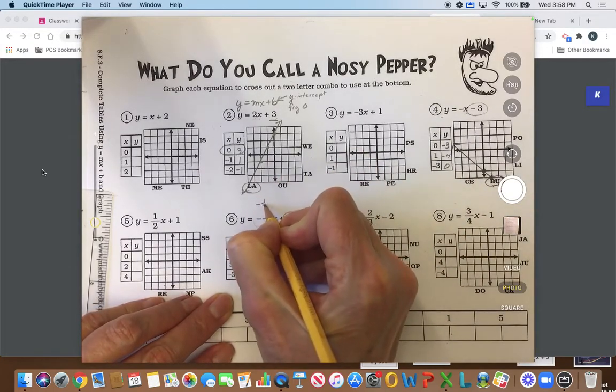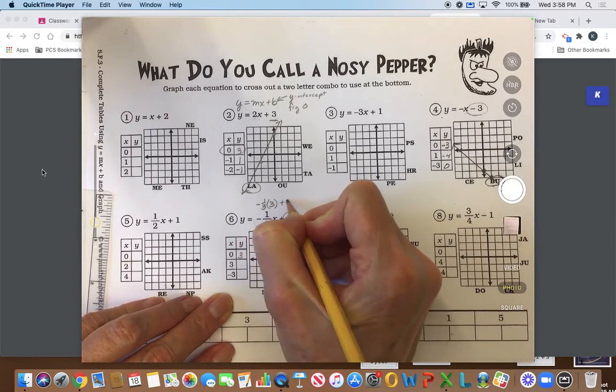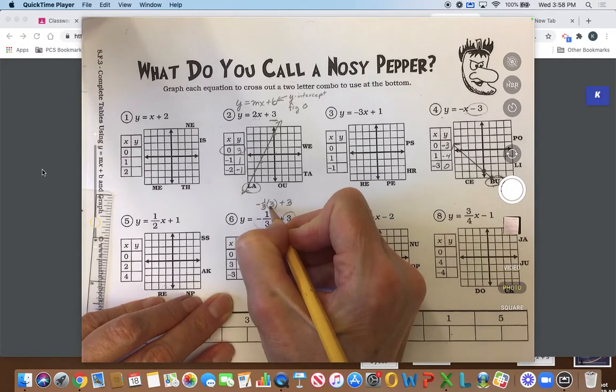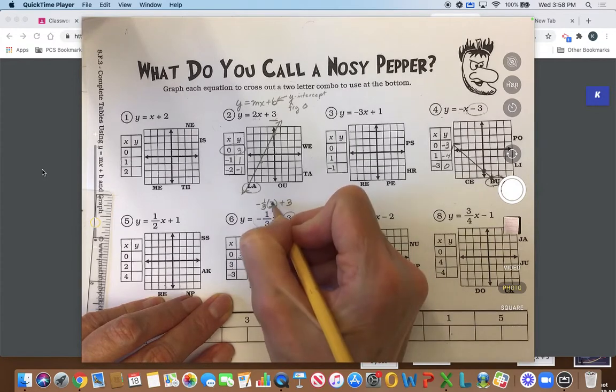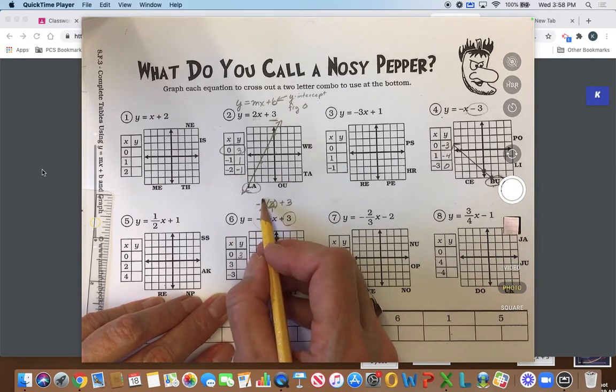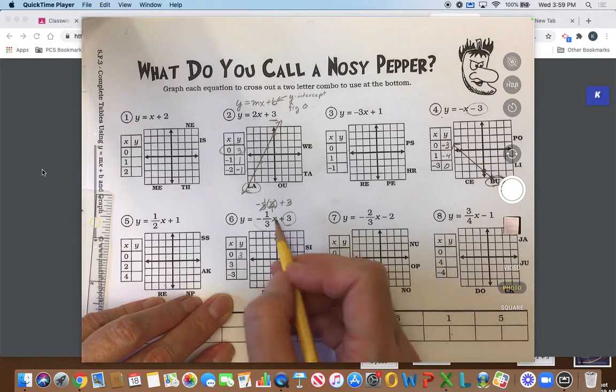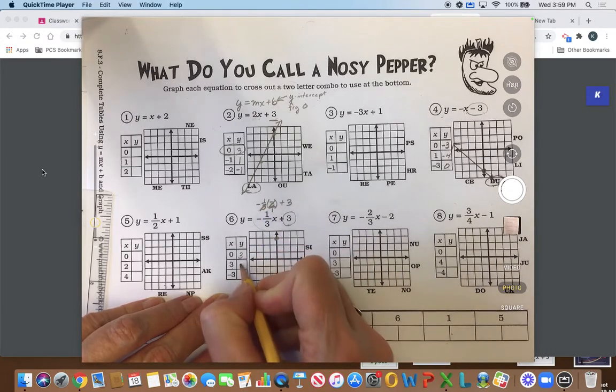Negative 1/3 times 3 plus 3. So this is really 3 over 1. So we can cancel these 3's, and what we have left is a negative 1. Negative 1 over 1, which is negative 1. Negative 1 plus 3 is a positive 2.